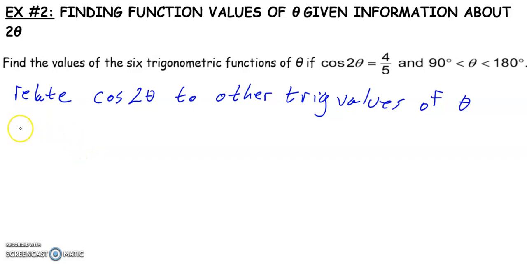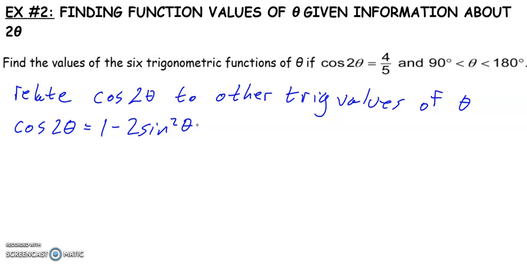So we know the cosine of 2 theta, because that's what they gave us. And if we want to find sine, I'm going to use 1 minus 2 sine squared of theta, because that is one of the values of cosine 2a.